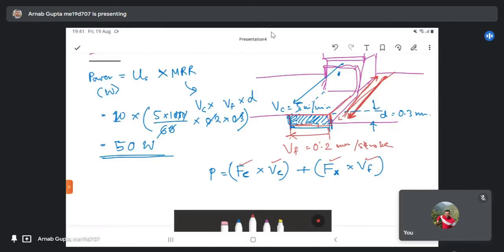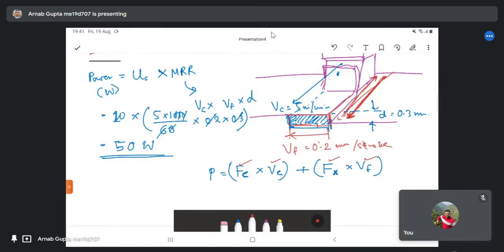In case you are not given with the values from which you can calculate Us, I mean, the specific energy of the material is not known to you. In that case, you have to find out power from the forces that are given to you. So for an unknown material, we don't know the value of Us, right?